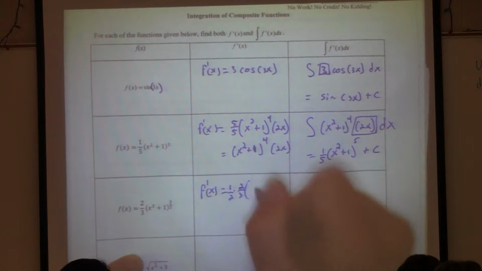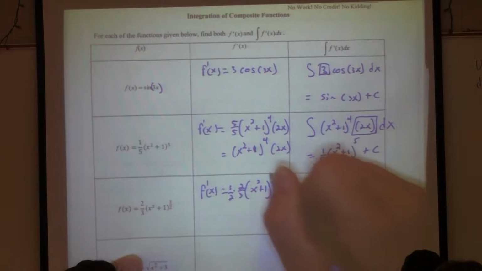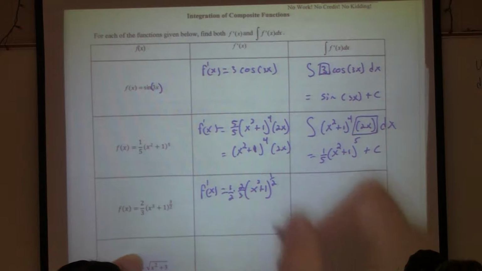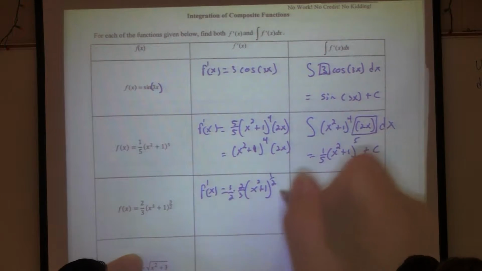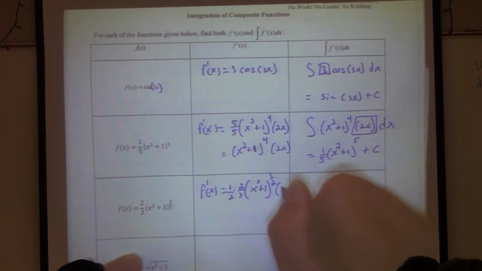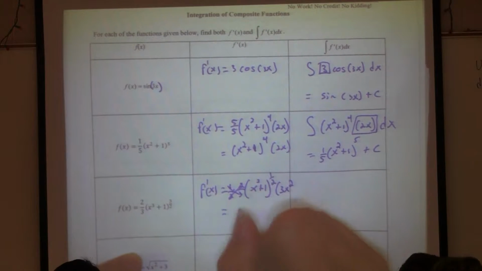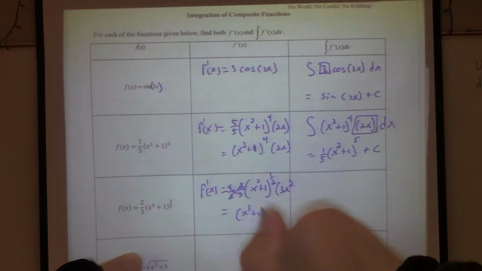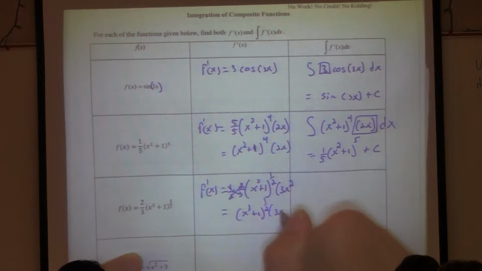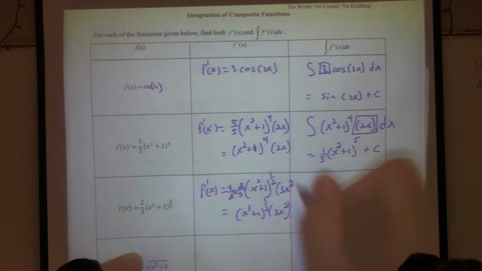So those cancel out. X to the 3rd plus 1 to the what power? 1 over 2, because we're taking away 1. Times what? 3x. These guys go away. We're left with x to the 3rd plus 1 to the half times 3x.